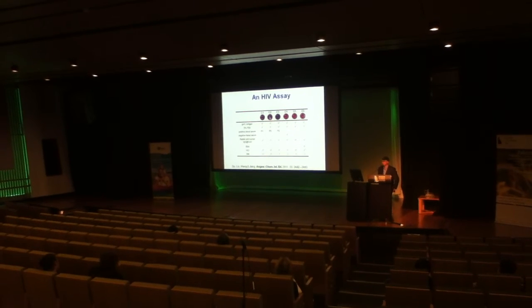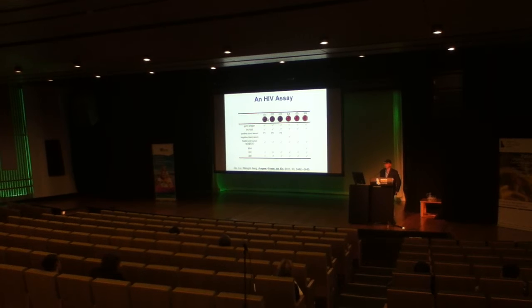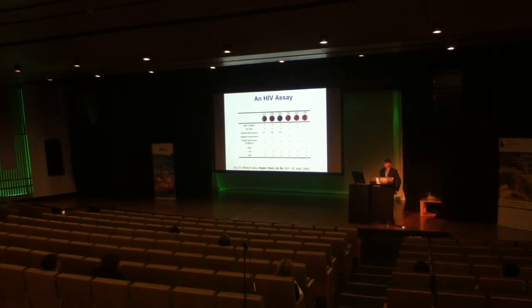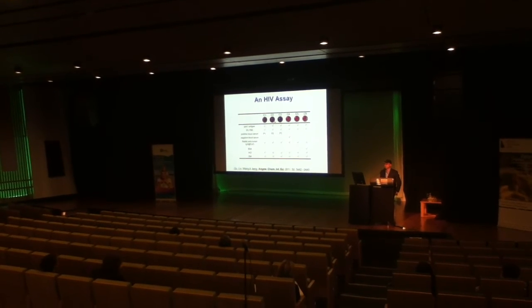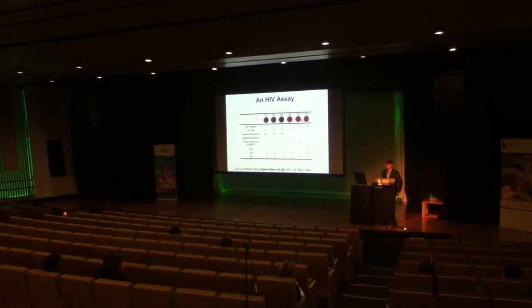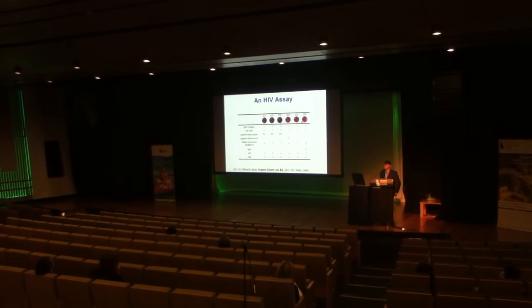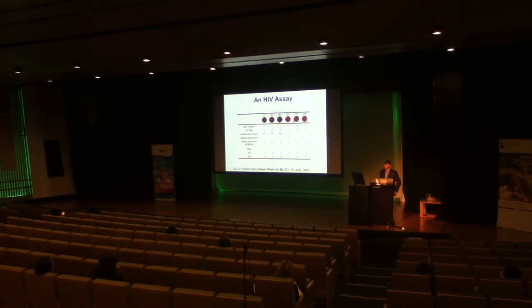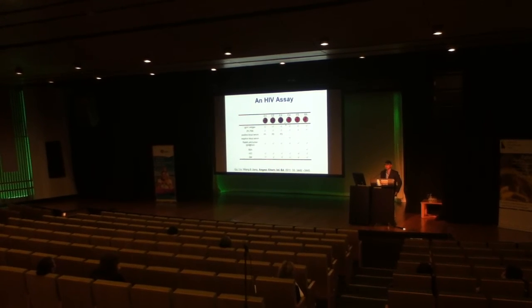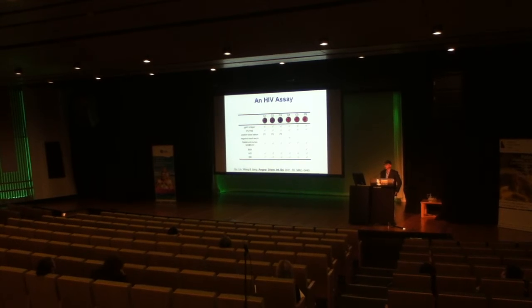So as you can see, only the wells that had these HIV positive serum samples had color changes to purple or blue, whereas the negative serum sample or the negative controls all keep the gold nanoparticles in the original pinkish color.